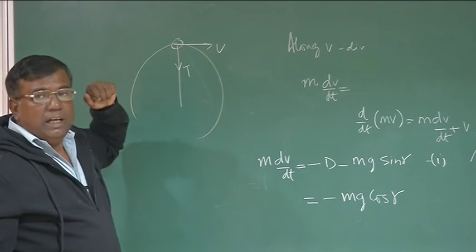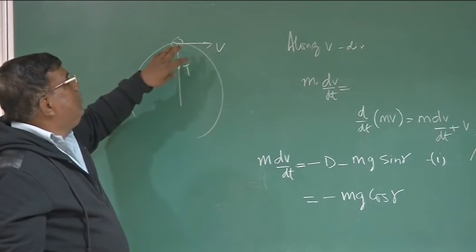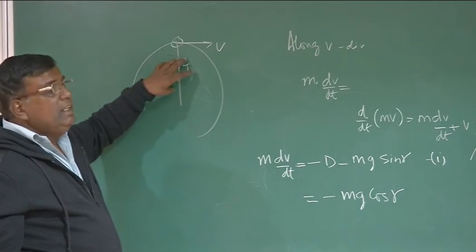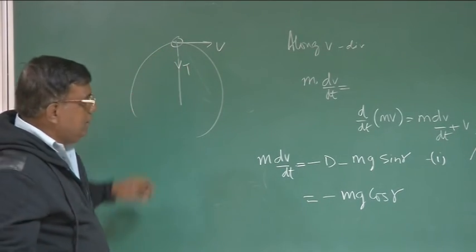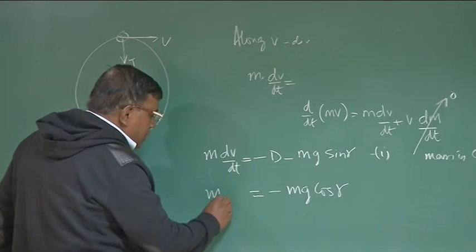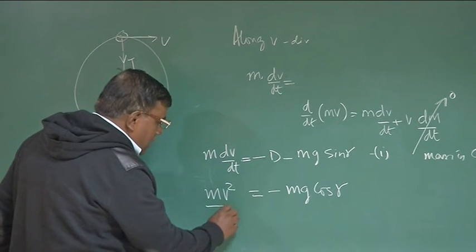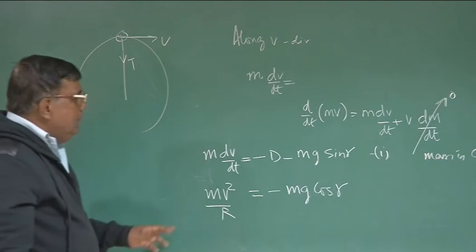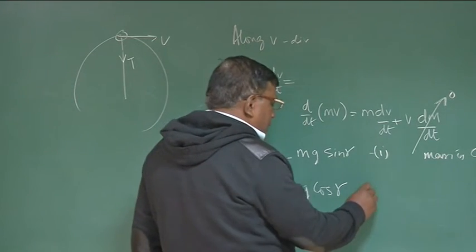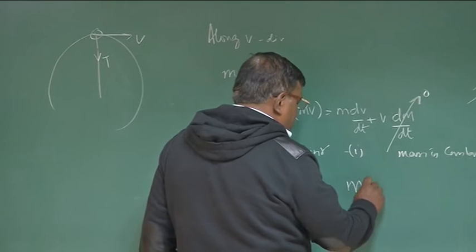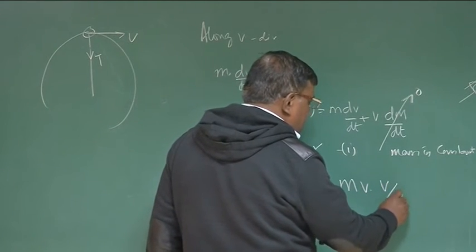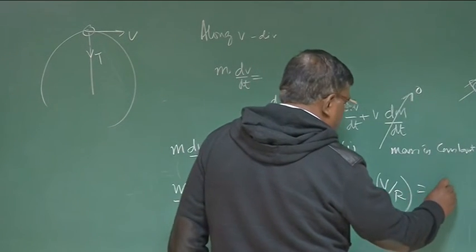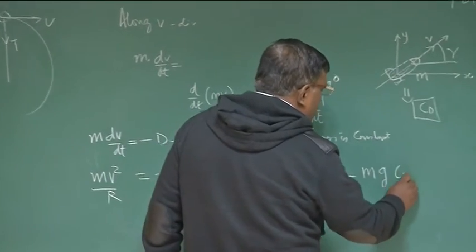You get centripetal acceleration. This tension, which is perpendicular to v, will generate a centripetal acceleration. And you know centripetal force is m v square upon r. Now you see, I can further write this as m v into v by r is equal to minus mg cos gamma.